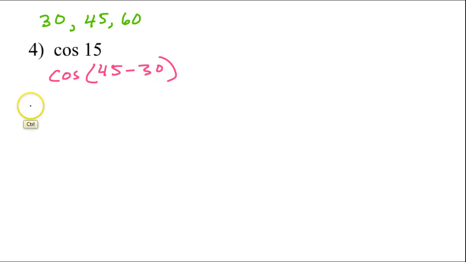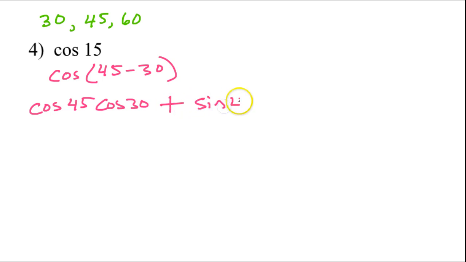So the cosine formula goes cosine, cosine, sine, sine. So cosine 45 cosine 30 plus sine 45 sine 30. All right, when it's cosine, it changes to the opposite sign.